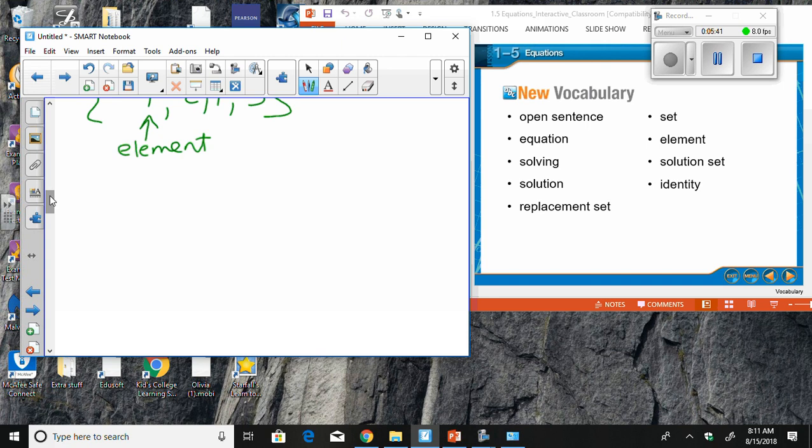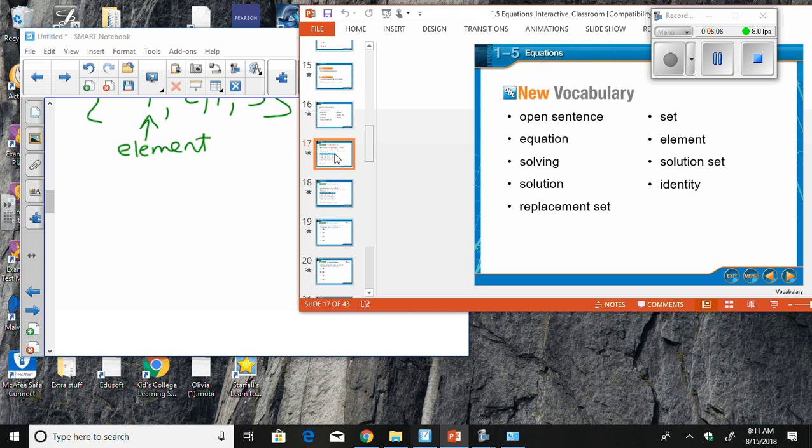We had the identity property, when we took 3 times 1 and got 3. An equation that is true for every value of the variable is called an identity. That's like when we get 3 is equal to 3. That's called an identity. We'll see that as we go through.